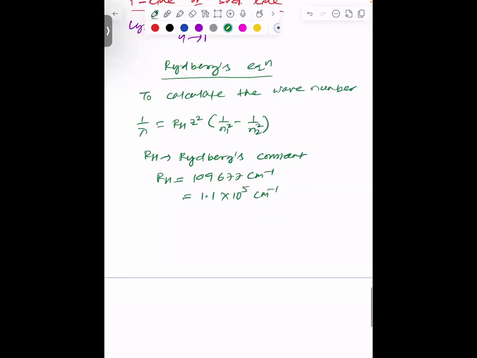Then Z is atomic number, n1 is lower shell, n2 is higher shell. Okay. n1 is lower shell and n2 is higher shell. Students, quickly note down. Then we'll discuss one or two more concepts, then numericals.